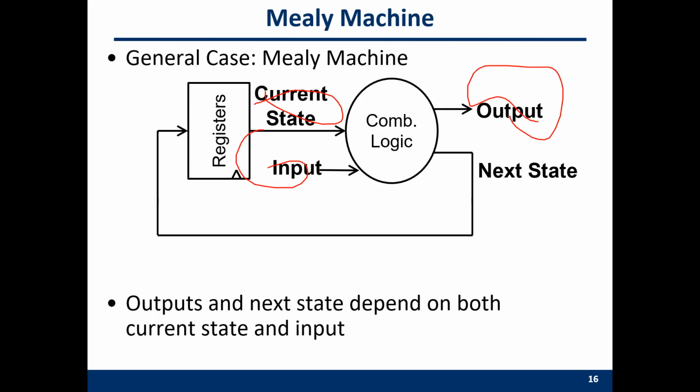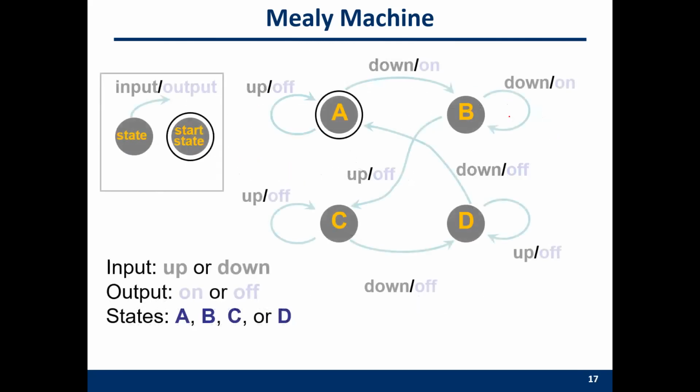So the output and the next state depend on both the current state and the input. This is the Mealy machine, which is also the previous example I used to introduce the finite state machine. The output here depends on both the current state and the input.